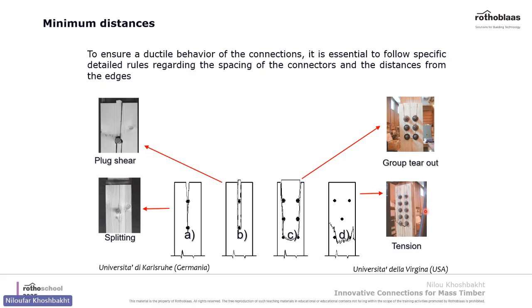All right, so to ensure the ductile behavior of the connection, it's also essential to follow the rules in terms of minimum spacing and minimum distances from the edge of the wood. If you don't follow these rules, you may end up with different types of failure, like splitting, plug shear, groove tear out, as you see, and tensile failure.